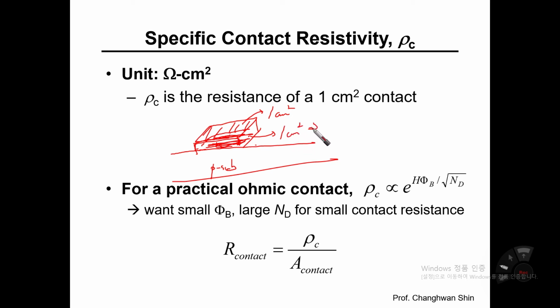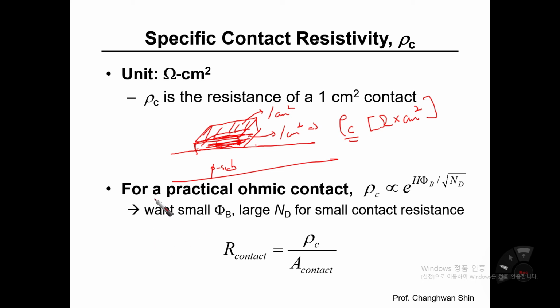Then what is the contact resistance value of this 1 square centimeter contact? That is rho sub C. So rho sub C is in ohm times square centimeter.